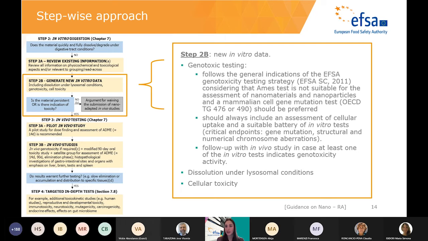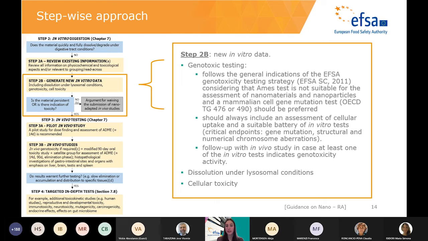A few words about the genotoxicity testing. It should follow the general indications of the EFSA genotoxicity testing strategy, considering that the Ames test is not suitable for the assessment of nanomaterials and nanoparticles, while a mammalian cell gene mutation test should be preferred.